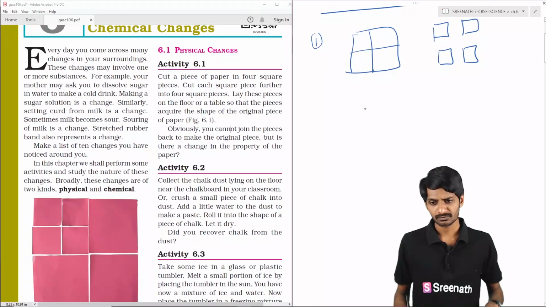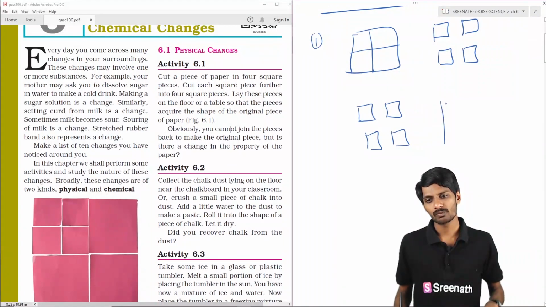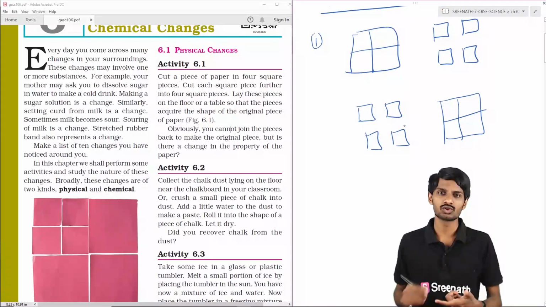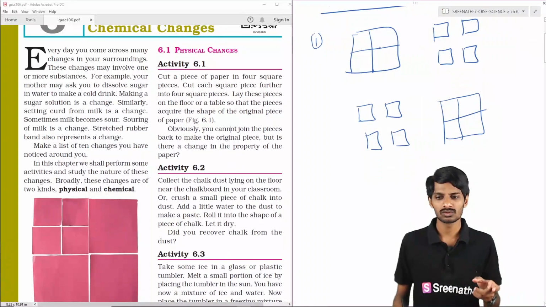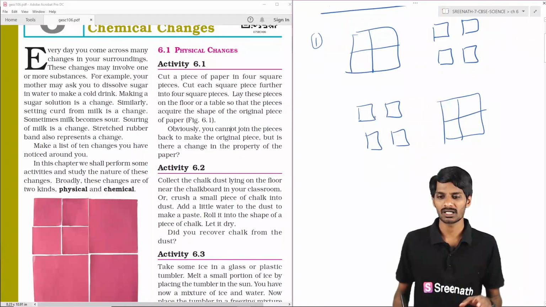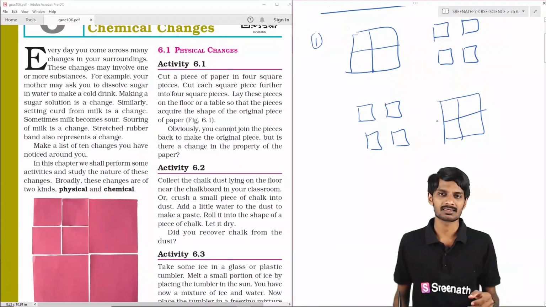Now take those 4 square papers and try to make them as 1. Could you get back the original piece? No. You can do this very easily, but you can't add these pieces and get the original like this. Okay students, just remember it.